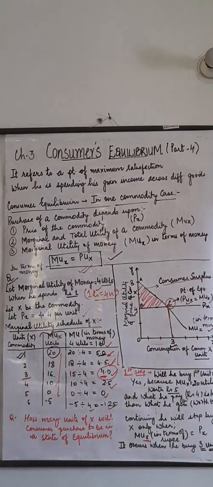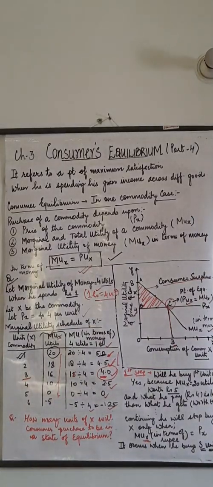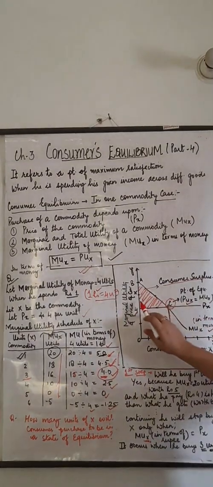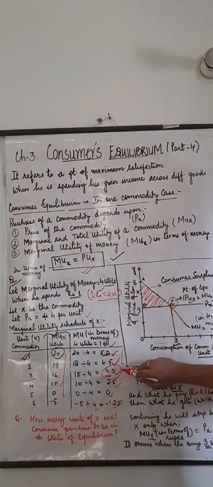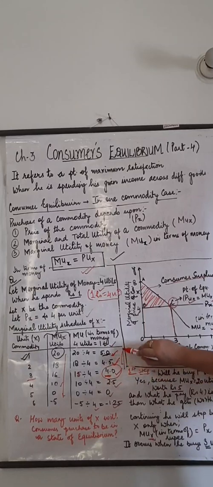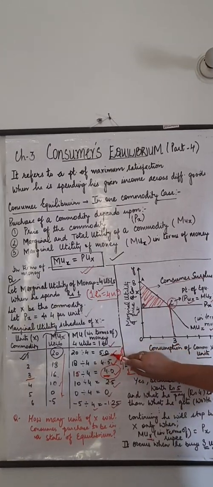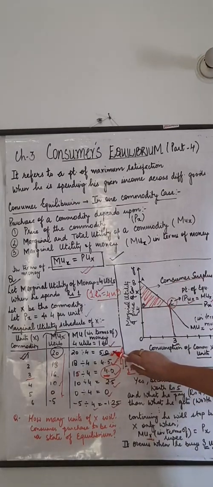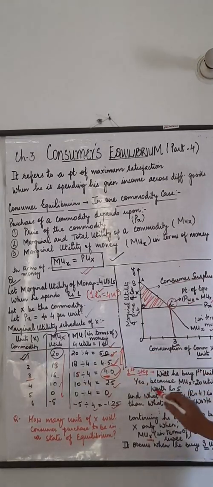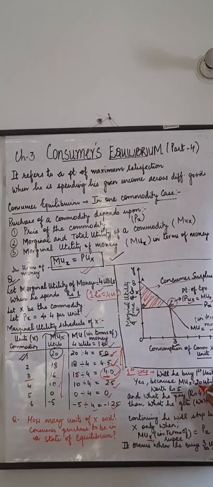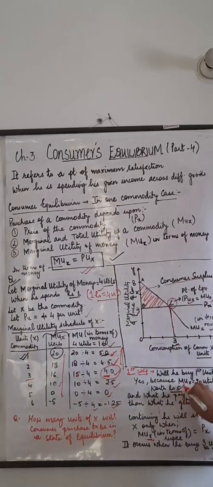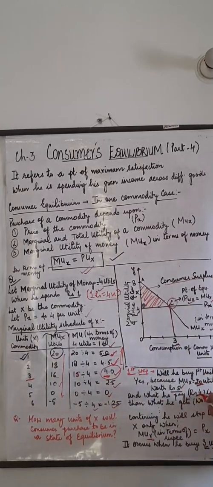So that difference is considered as your consumer surplus. Here you can see the points above 4. That was a thing worth 5, and I said rupees 5, we will purchase it. A consumer will purchase it because MUX is 20 utils worth rupees 5 and he had to pay rupees 4 only. So he will consume it.